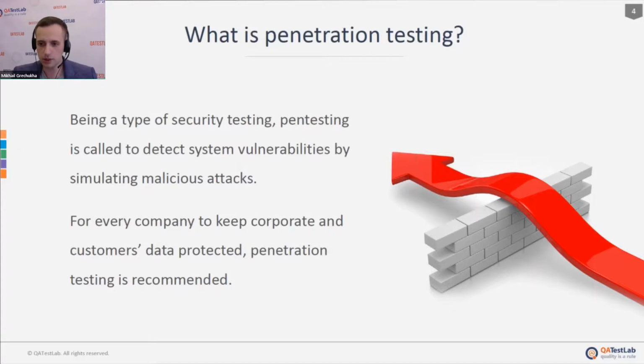Okay, so let's start with pen testing. Penetration testing, what is it? It's a type of testing that helps to define the level of software security. It's kind of a security assessment. The main aim of penetration testing is to detect potential vulnerabilities. How? By simulating real malicious attacks.